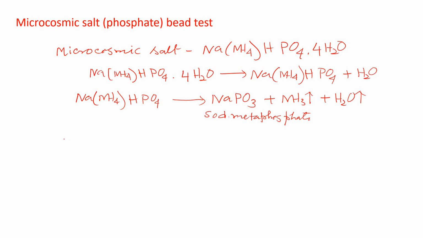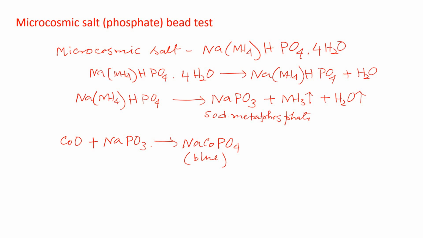Say for example, I'll take the cobalt oxide plus this sodium metaphosphate NaPO3. Then what it forms? It forms the orthophosphate. Say sodium cobalt PO4. This orthophosphate, here it is blue in color.